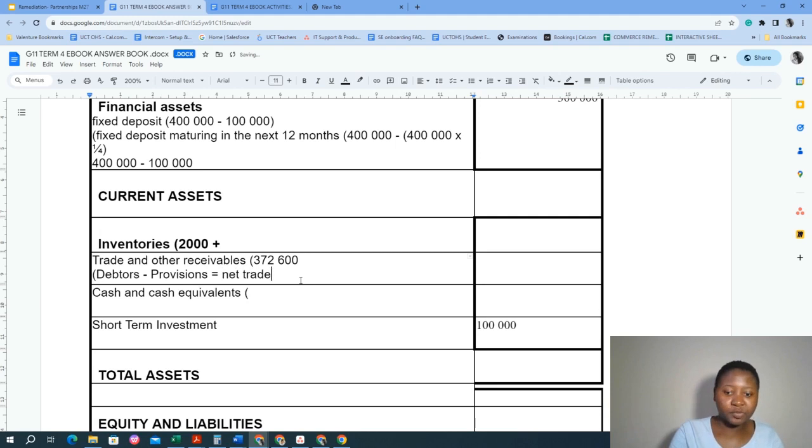And then now I have that, I can say plus my accrued income, not expense. Okay, accrued income. And then my prepaid expense.